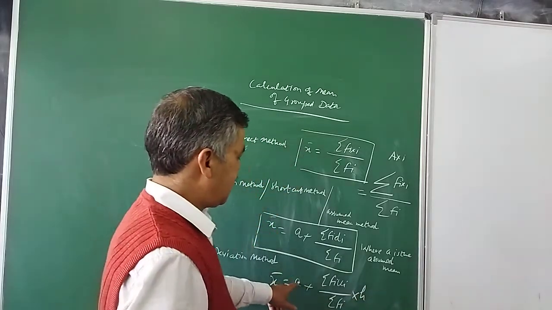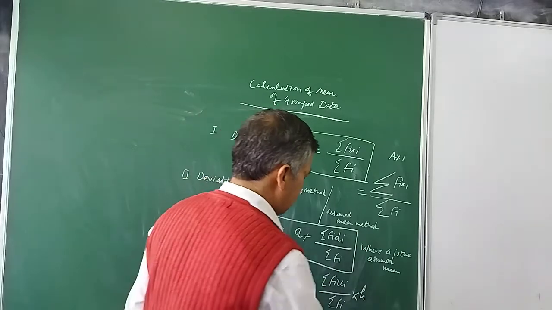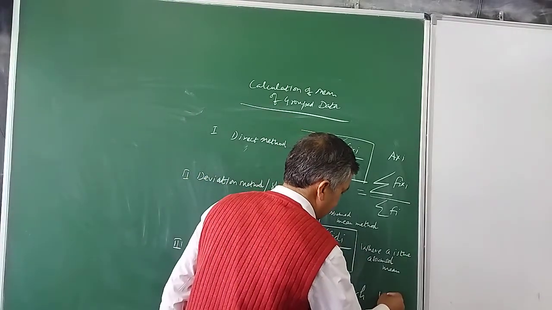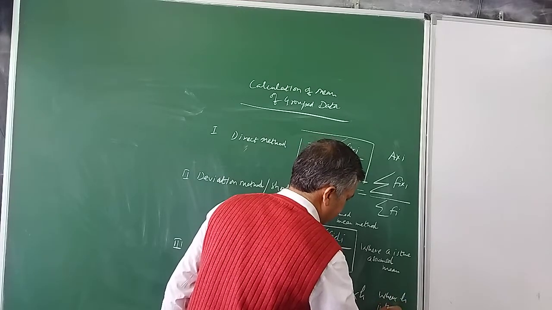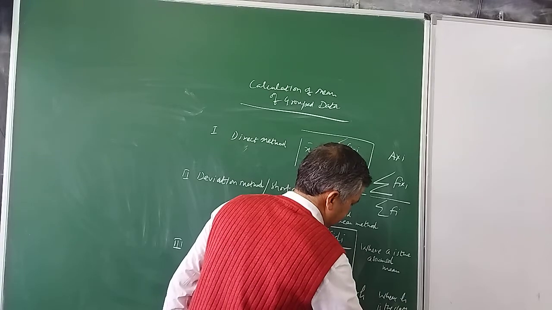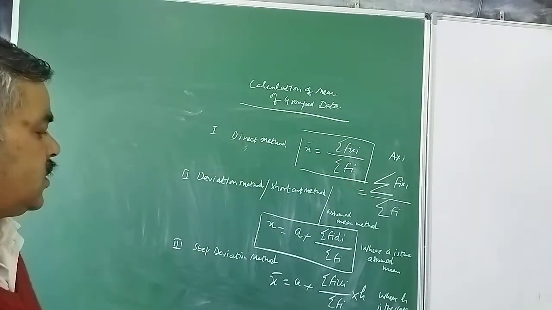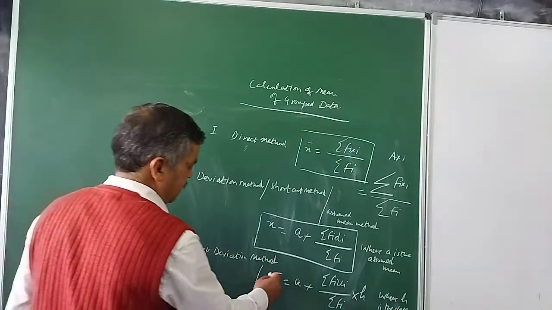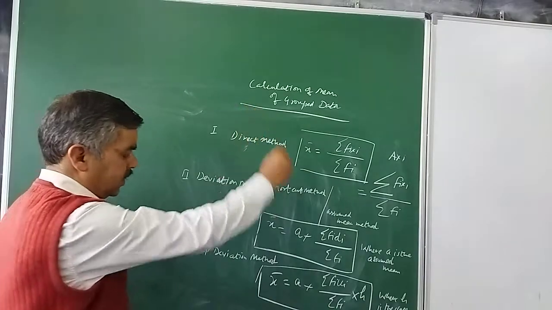The assumed mean a I have already explained, here also it is the assumed mean, and h here is the class size. So this is the third method we use to calculate the mean of the data.